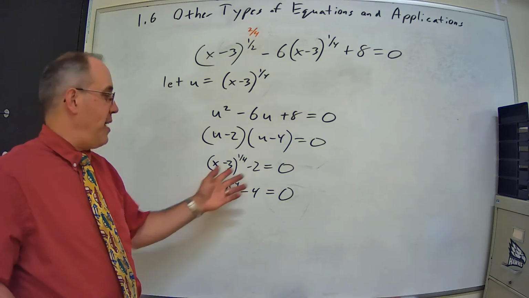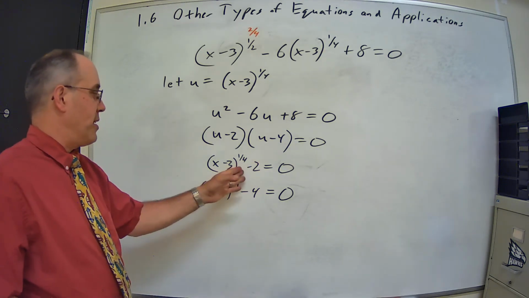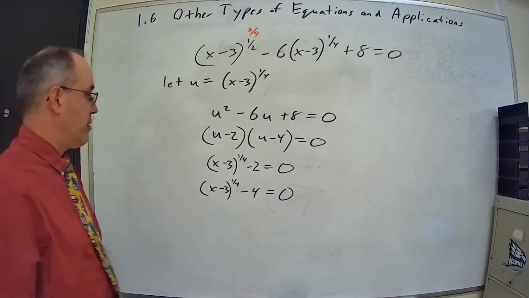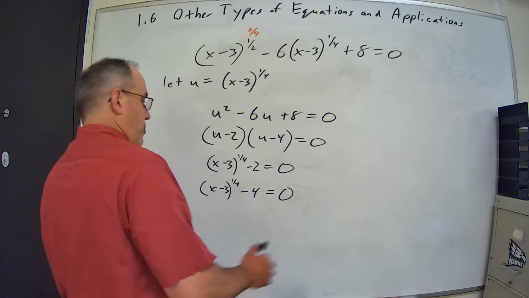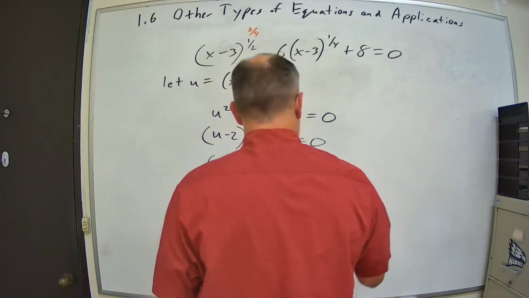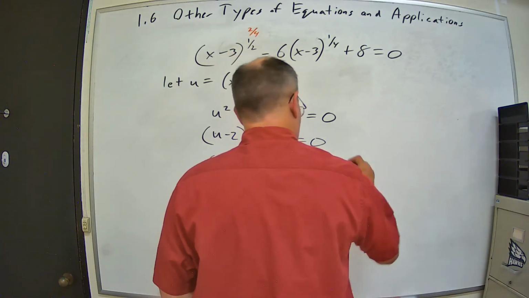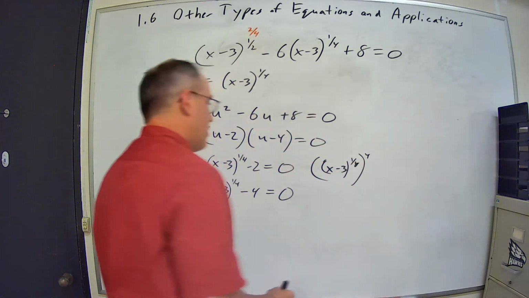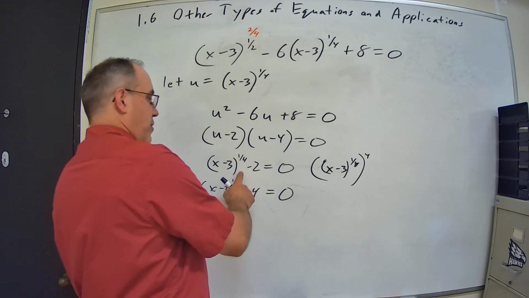Well, if we want to do that, let's move it over to get this by itself so we can then take the reciprocal power. So I'm going to say (x - 3)^(1/4) raised to the 4. Right, so we're going to raise that up.